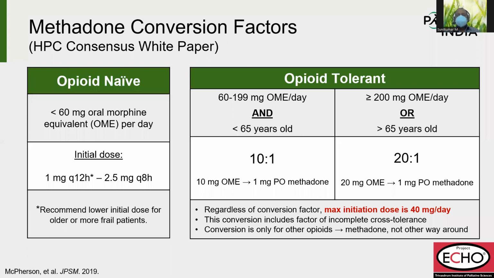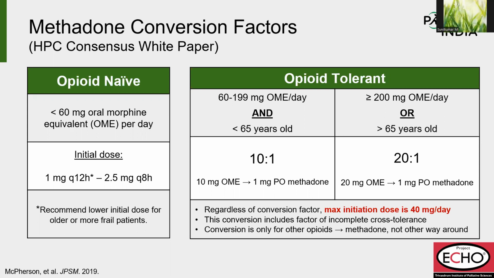And if the patient is taking more than 200 milligram of oral morphine, or if the patient is more than 65 years, then the conversion ratio is 20:1. So this is what I told you. There is no linear relationship between the dose of morphine and methadone.